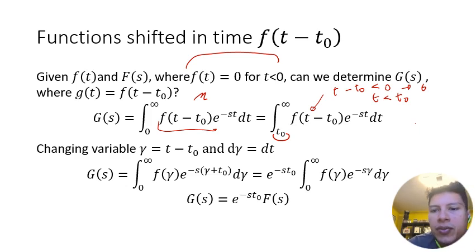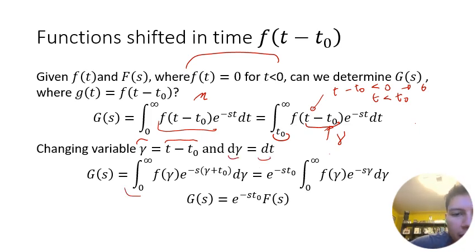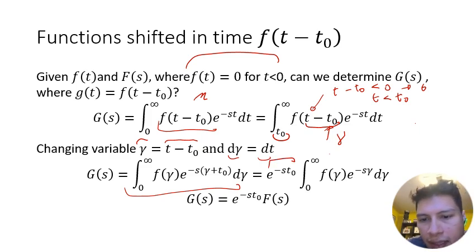Additionally, now we can introduce an auxiliary variable. So we're just going to replace this t minus t naught by a gamma. So we have gamma equal to t minus t naught, and d gamma will be equal to dt. So we're going to be left with this. And then we can factor out this e to the negative s t naught, and we're left with the Laplace transform definition.